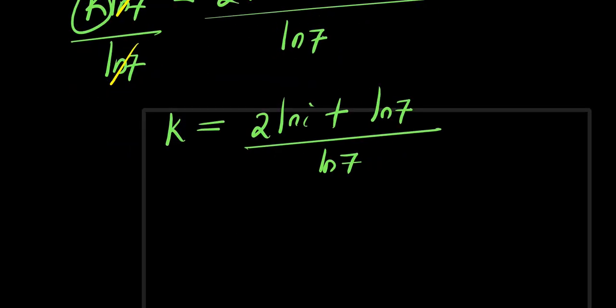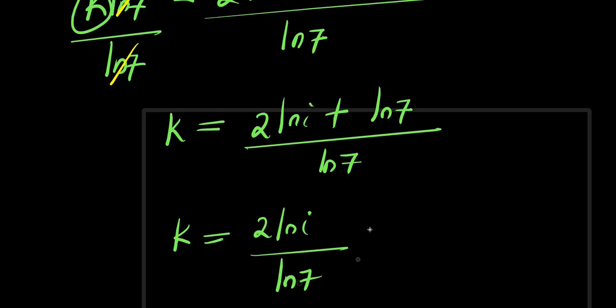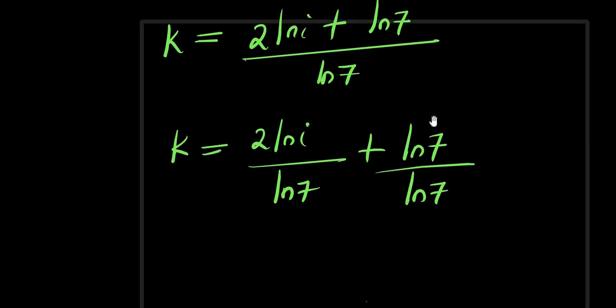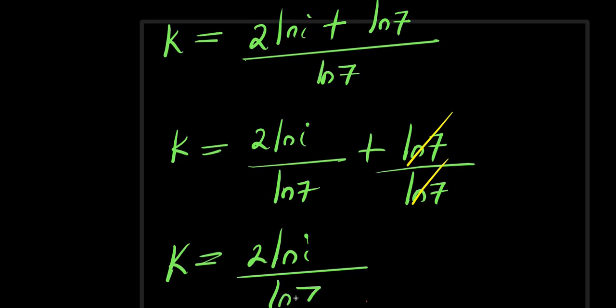So right now, I will simply have k equals 2 times natural log i divided by natural log 7, plus natural log 7 divided by natural log 7. So we cancel this, and we have k equals 2 times natural log i divided by natural log 7 plus 1.